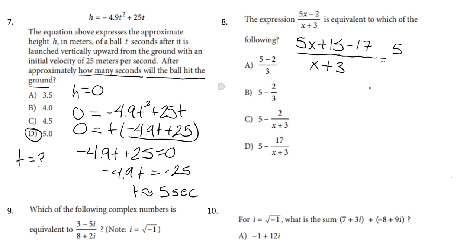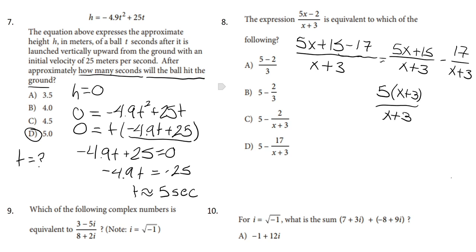This is going to give us 5x plus 15 over x plus 3 minus 17 over x plus 3. For the first fraction, on the top we can factor out a 5, and we'll have 5 times x plus 3 over x plus 3 minus 17 over x plus 3.